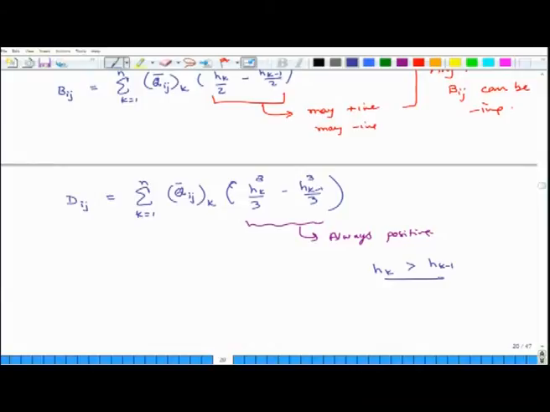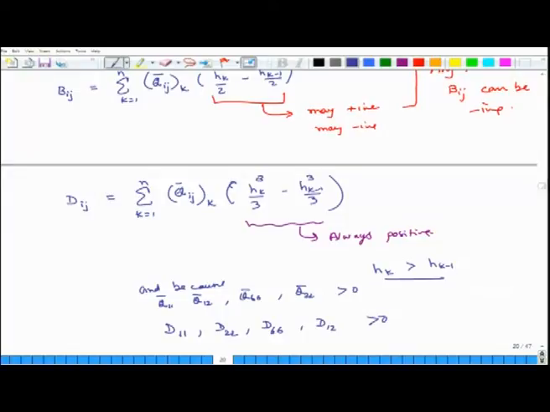So, for that reason, and because Q11 bar, Q12 bar, Q66 bar and Q22 bar are always positive, we can also say that D11, D22, D66 and D12 are always positive.